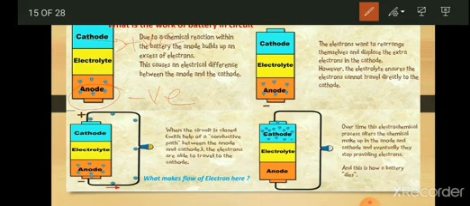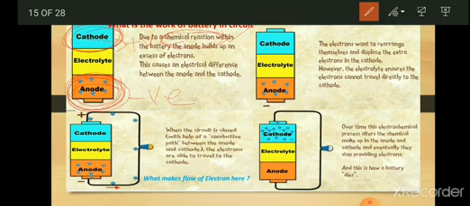In this battery, due to the electrochemical reaction, the electrons get accumulated at the anode. This anode will be electron rich, and the cathode will be electron deficient, meaning there is the least number of electrons.